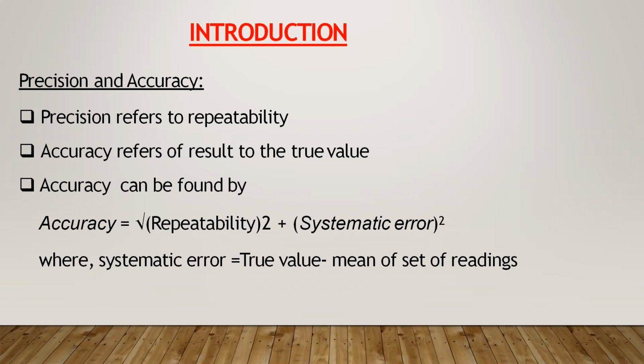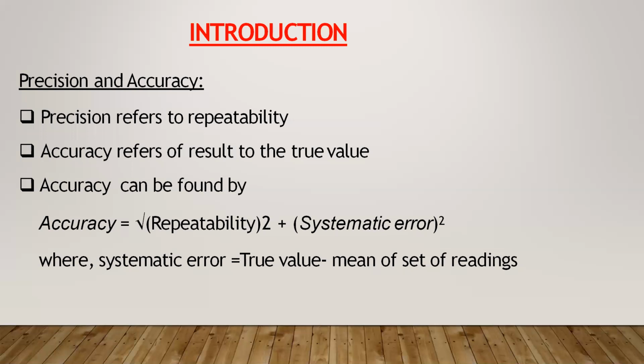When you have to define the outside diameter of a shaft, you need to take 3 to 4 different readings in 4 different positions. Then you have to average this set of readings. That is called the mean of the set of readings.